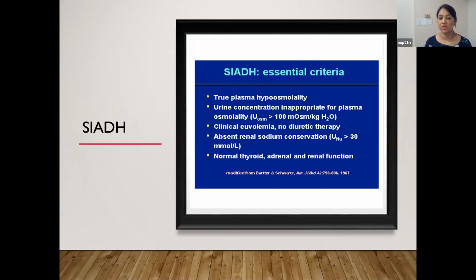In this situation, you have true plasma hypo-osmolality. When you calculate that, you subtract the urea, and then you can calculate based on that. And your urine concentration is inappropriate for the plasma osmolality. Plasma is truly hypo-osmolar, and at the same time, when you check the urine, it's high, basically more than 100. That means there is a disconnect going on.